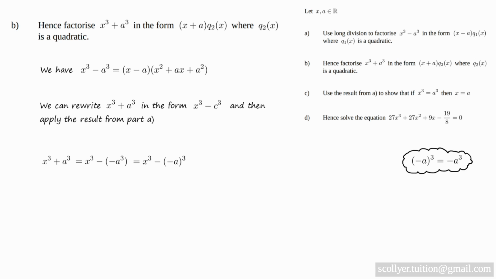And we can factor that quantity using the result from part A as (x minus minus a) times (x squared plus (minus a) times x plus (minus a) all squared), which simplifies to (x plus a) times (x squared minus ax plus a squared). And so we have that x cubed plus a cubed equals (x plus a) times (x squared minus ax plus a squared), and that is true for all x and a in R.